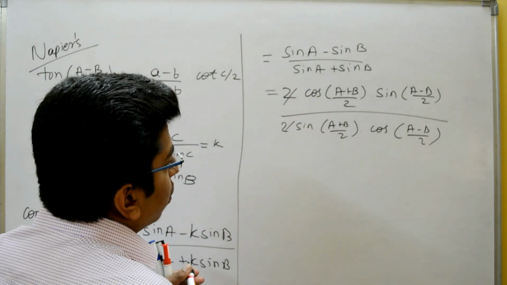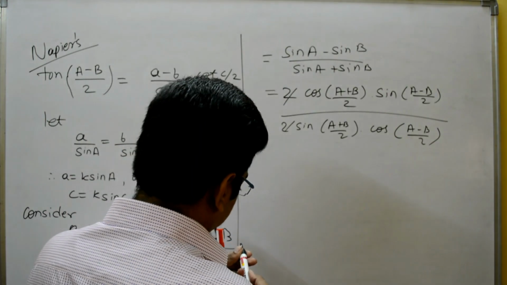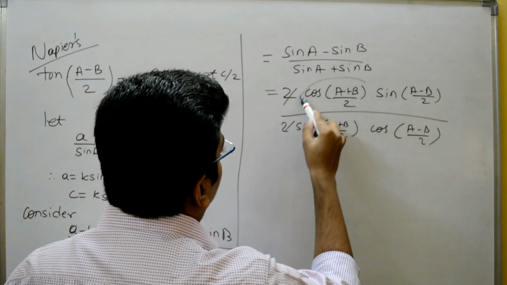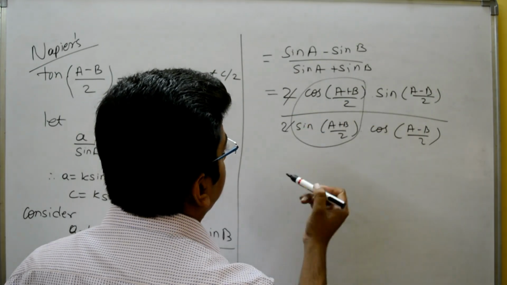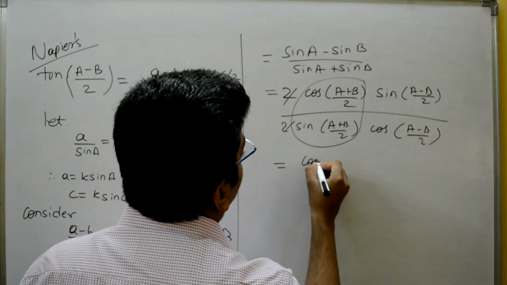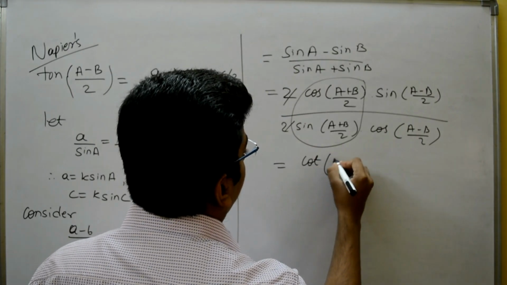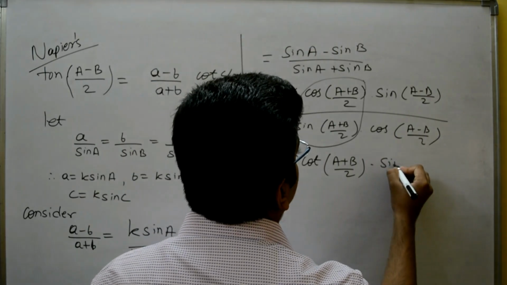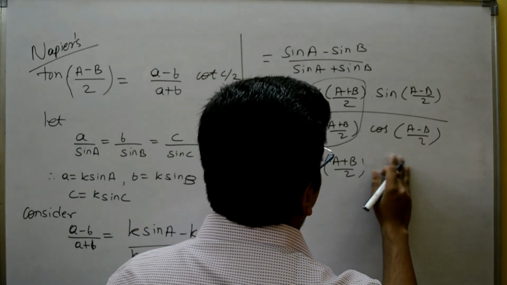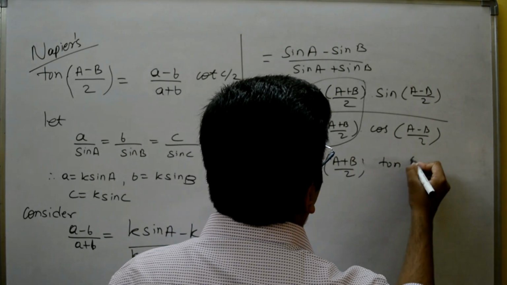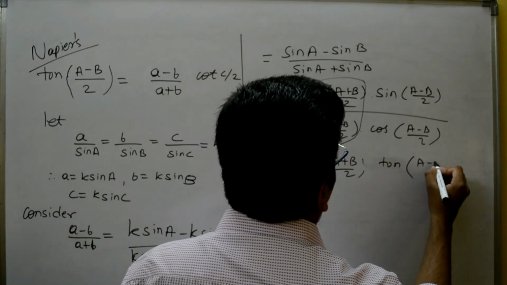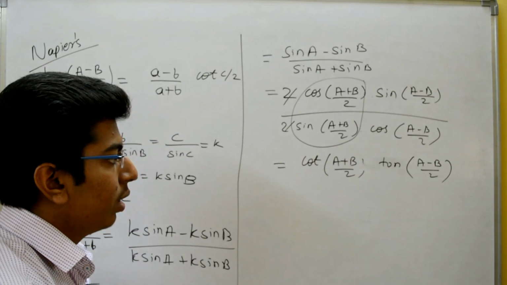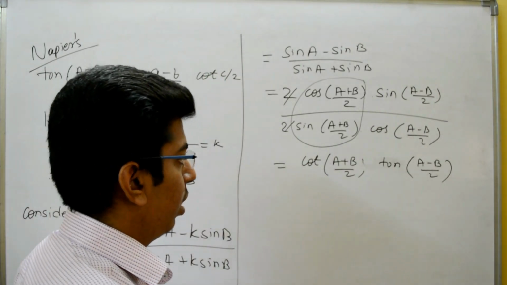Okay, so tell me what this term will become. Yes, it is cot (A plus B) by 2 into tan (A minus B) by 2. Okay, this will become like this.